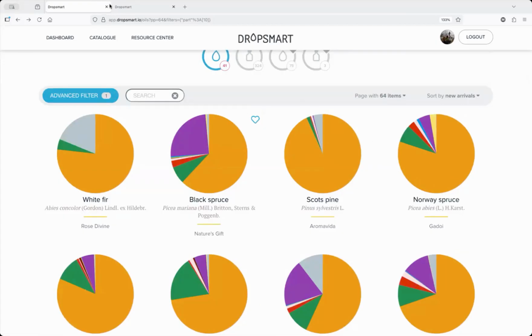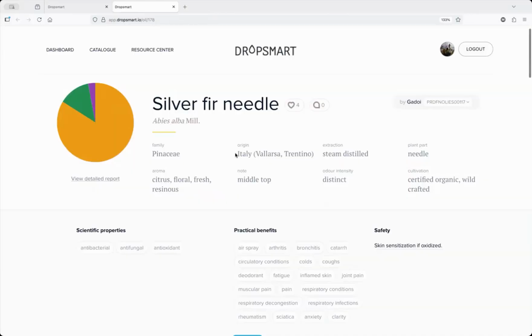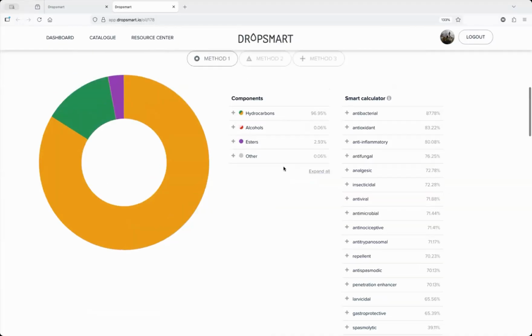So that's for today. We are talking about silver fir needle and this combination here for the aroma and the magnificent combination of the essential architecture that brings us so much therapeutic value as well. So for today, I wanted to show you this oil because I feel that it's going to help you understand so many more.